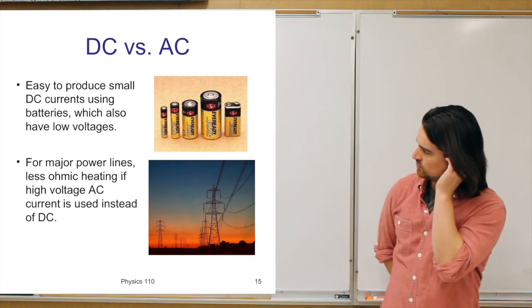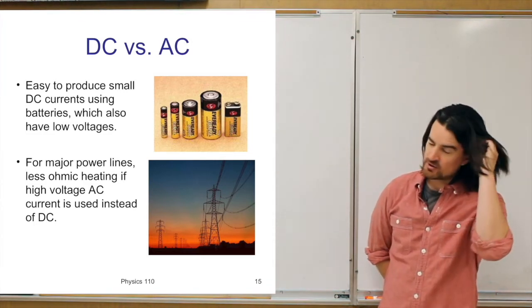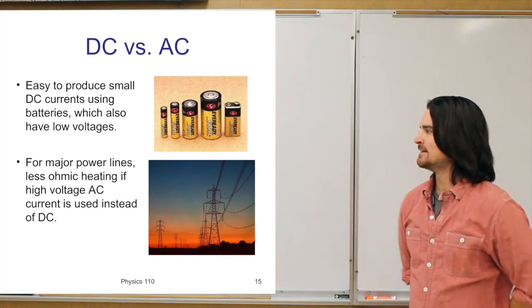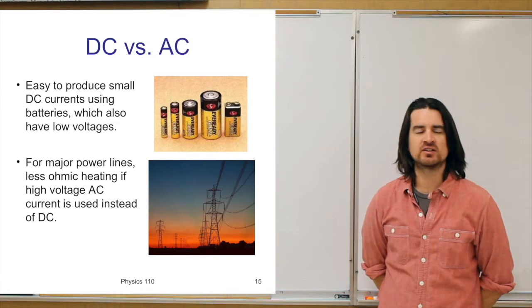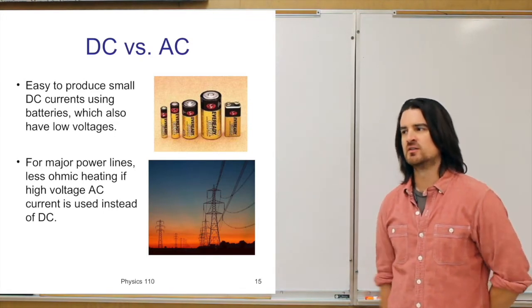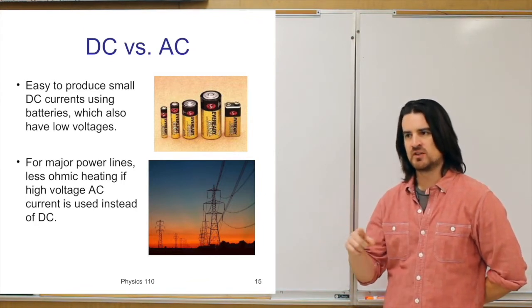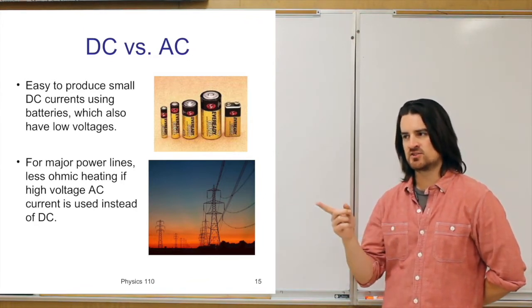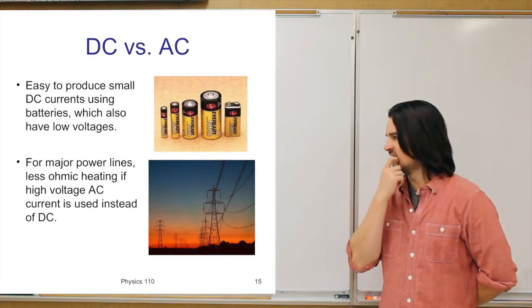AC current is used for power transmission generally, and the reason, in a nutshell, is that when you have alternating current flowing versus DC current flowing, you actually end up getting less power loss along a transmission line.